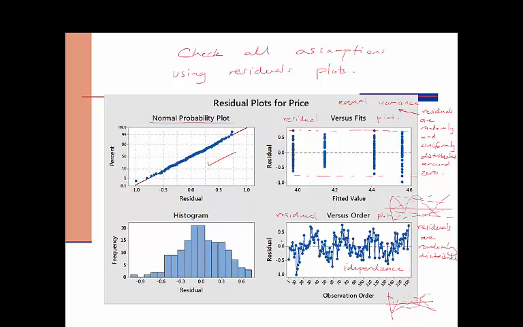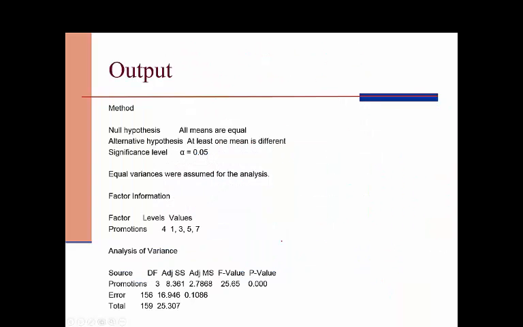Okay, well, now that your assumptions are good, we then look at ANOVA. This is what the output looks like from Minitab. So starting from the top, it says what our null hypothesis is. All the means are equal, right? Which in mathematical terms means mu1 equals mu2 equals so on all the way to mu, how many are there? 4.